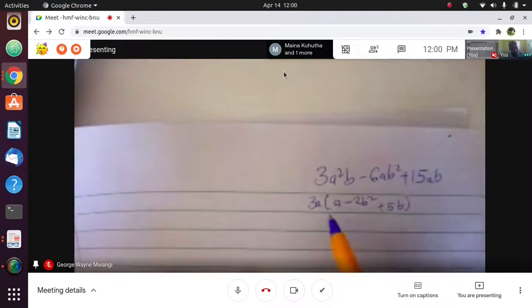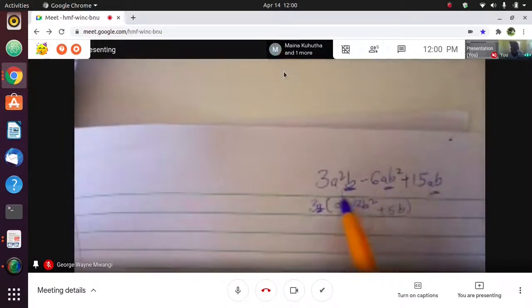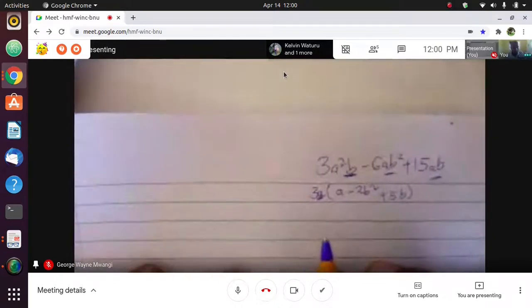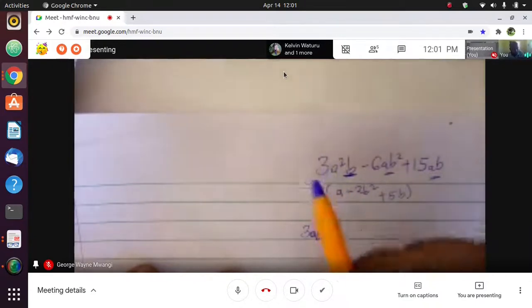But we also have a common factor of a and b. There is b in every value. So hata hiyo b tutatoa nje. Sawa. So the common factors in these three values ni 3ab. We have 3 in each of these.